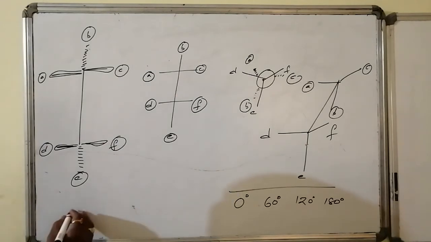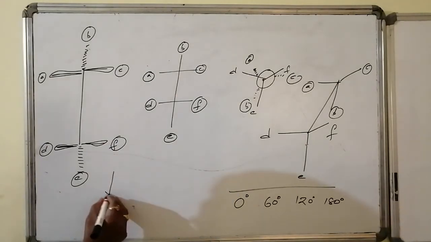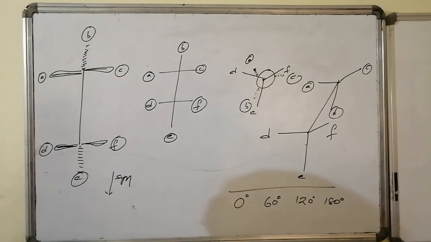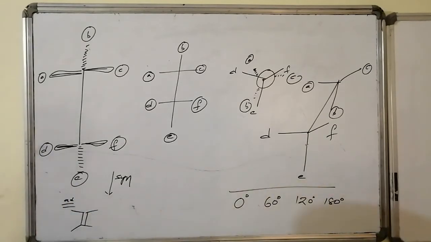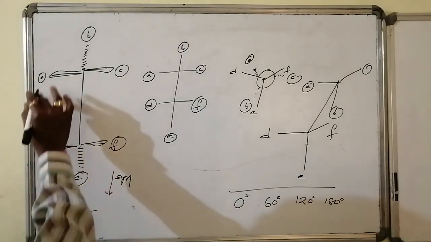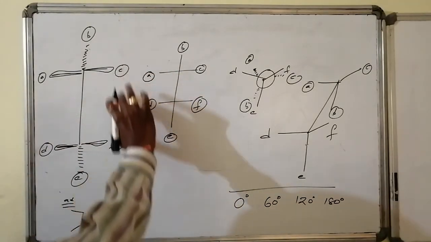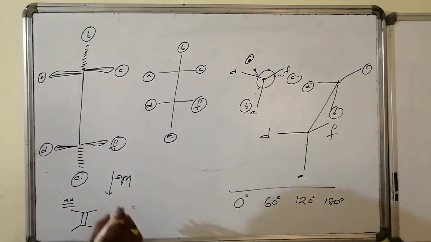Suppose I write all possible cases in this, syn elimination is present. Syn elimination of, suppose, A and D are going to be eliminated. The corresponding products obtained are here: A and B are eliminated, whereas these two are very close to one another. Dihedral angle is 0. Those two are cis.